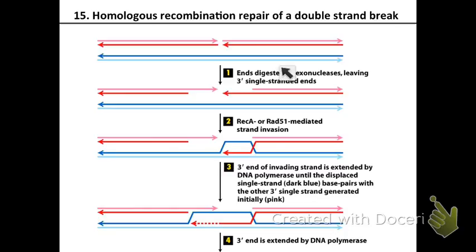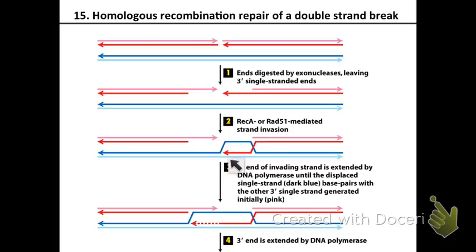I'm going to go a little bit faster on this. What happens is that you have a double strand break, and the ends are digested by exonucleases, leaving 3' single-stranded ends. These 3' single-stranded ends look for homology at a homology template, and they invade the double-stranded DNA where they find homology.